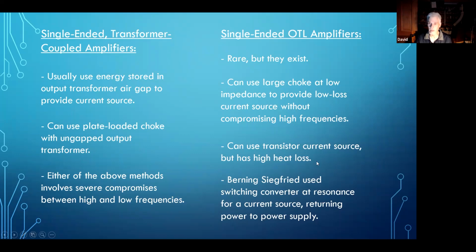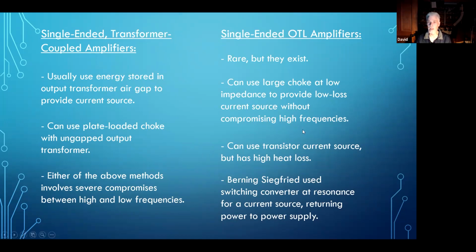You have a lot of heat loss with this, so it's not an ideal solution, but theoretically there are no performance problems with it. It doesn't compromise high frequencies, and the low frequencies can be terrific.